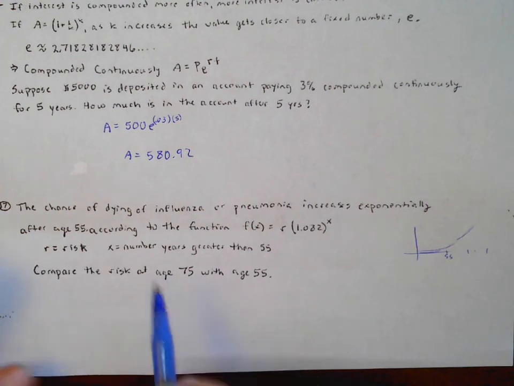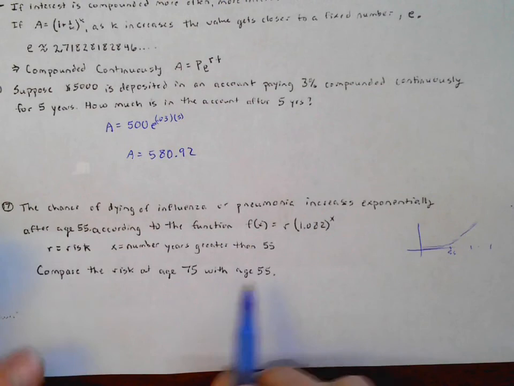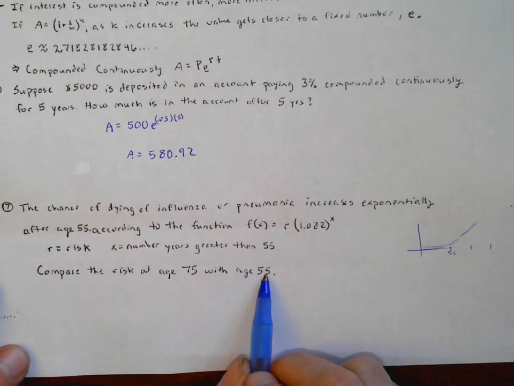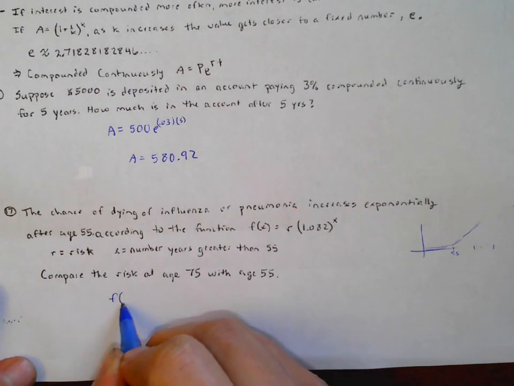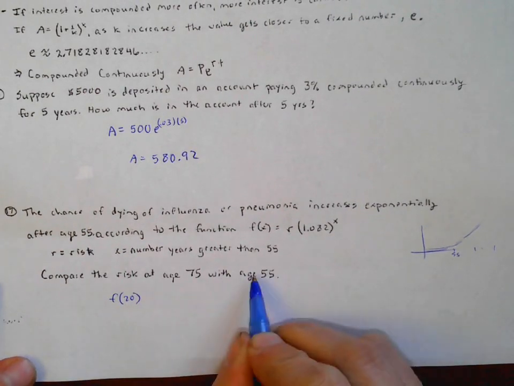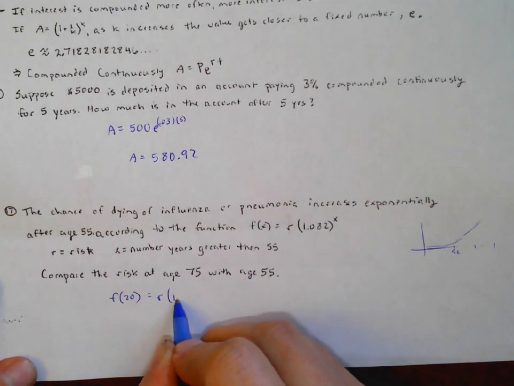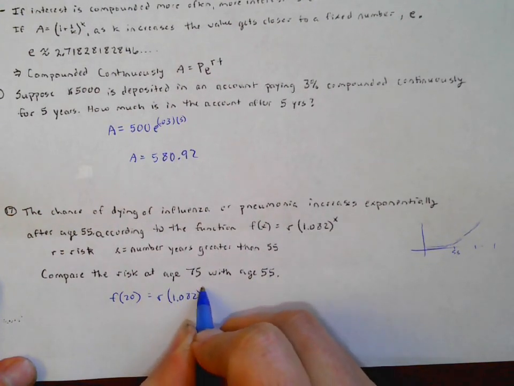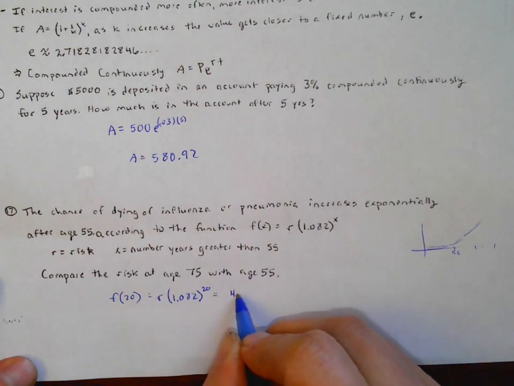So we want to compare the risk at age 75 to the risk at age 55. Okay, so basically I want to find f of 20 because there's a 20-year difference between the two, right? So if I work this out, this comes up to be 4.84R.